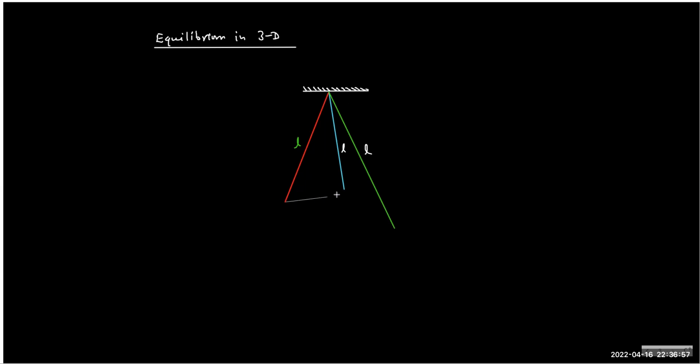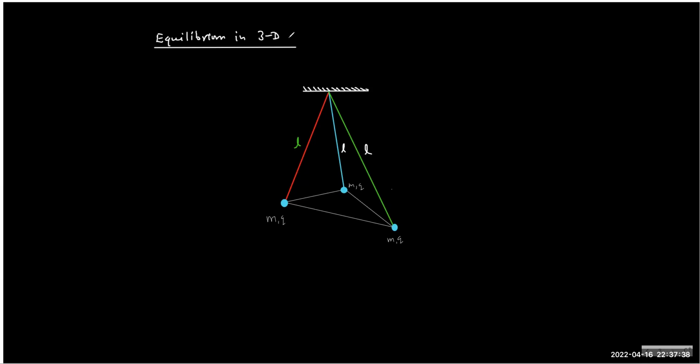At the end of each string, we have an identical mass and charge. All having mass m and charge plus q. So due to repulsion, it will be spread at the bottom, and the bottom will eventually become an equilateral triangle, right?